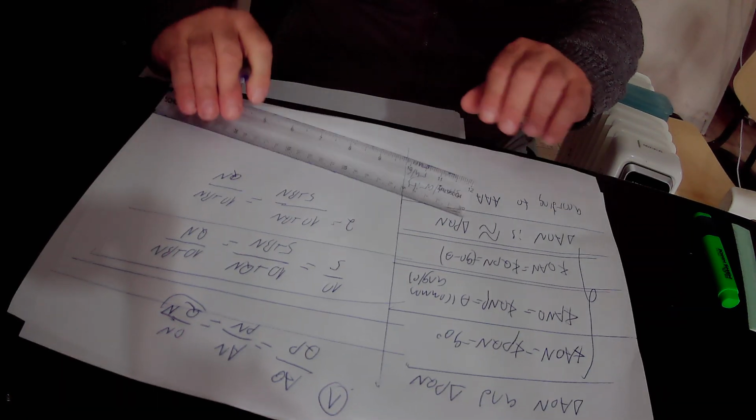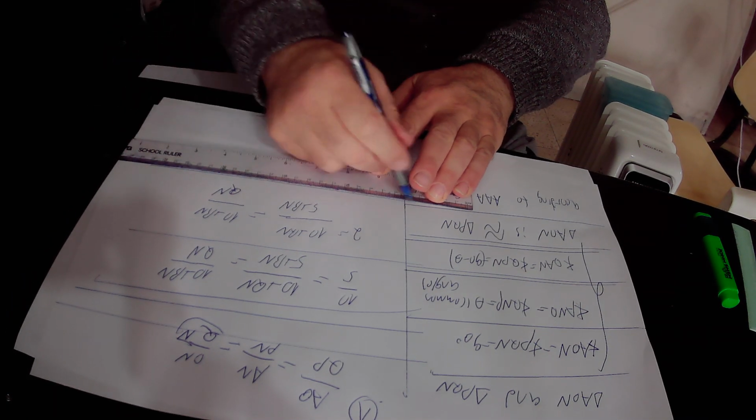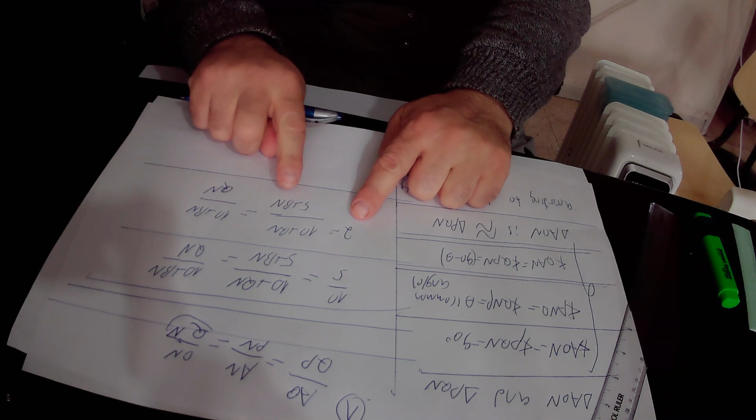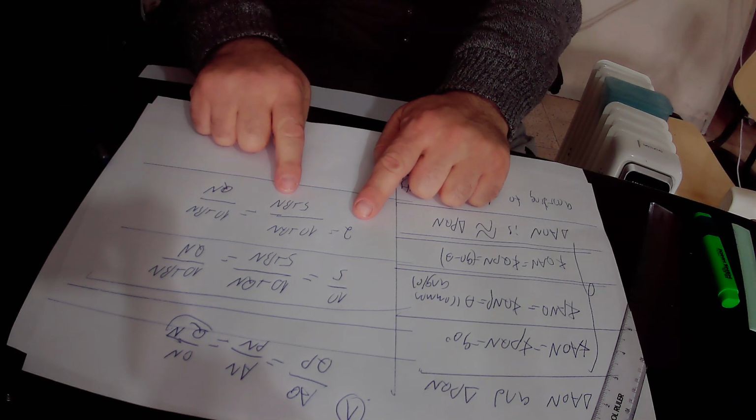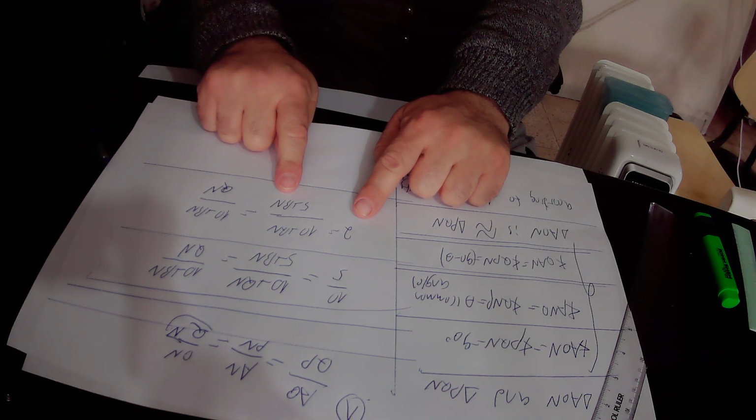So those two sides are equal to each other, therefore we create equation number 1 from those two sides that are equal to each other.